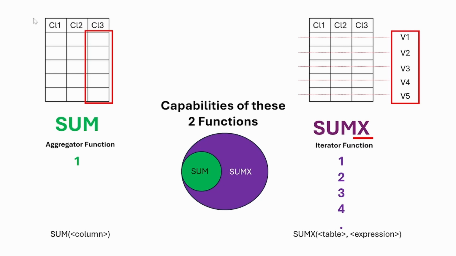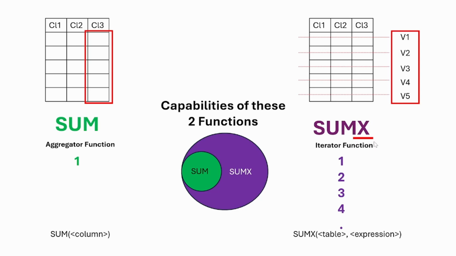A while ago, I had made a similar video on SUM and SUMX where I explained the difference between an aggregator function and an iterator function. An aggregator will aggregate the values that belong in a column, whereas the iterator function will take one value, store it in its memory, then head into the second row, take one value, store it in its memory, and so on.